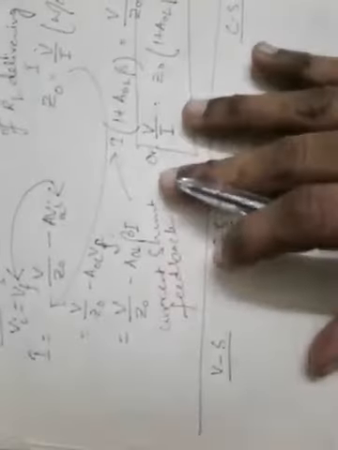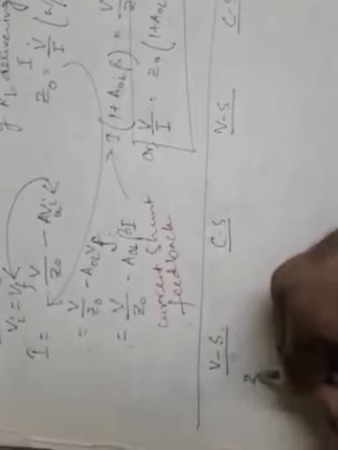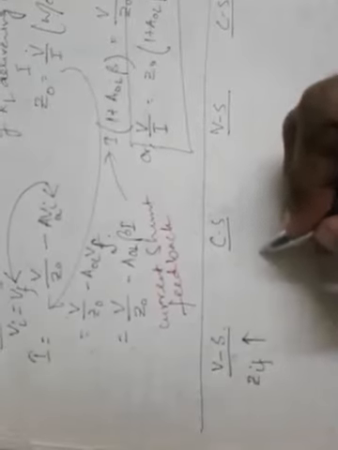If we make a tabular form, we should be getting that for voltage series ZIF is increased, for current series ZIF is increased, for voltage shunt ZIF is decreased, for current shunt ZIF is decreased.